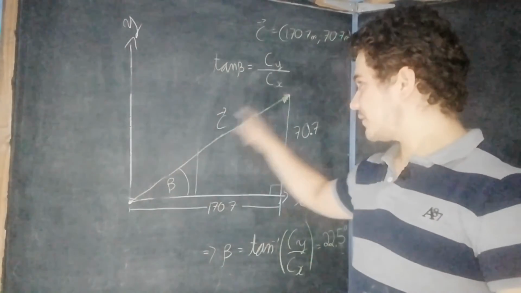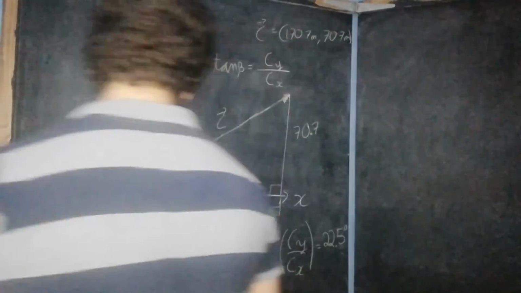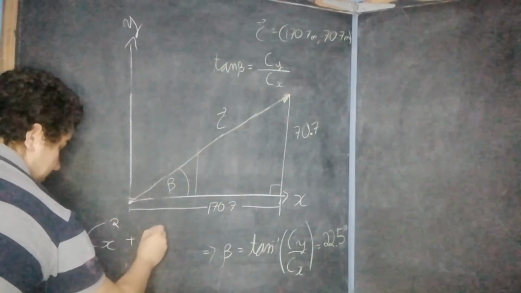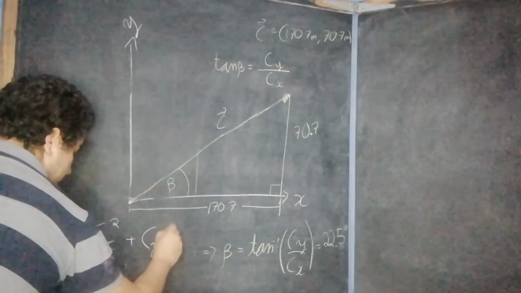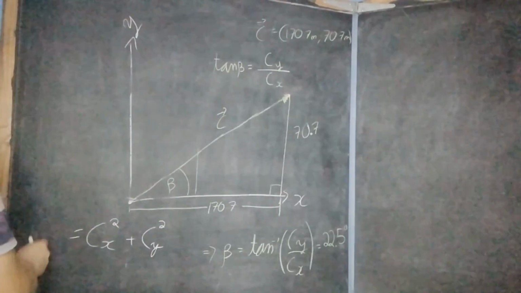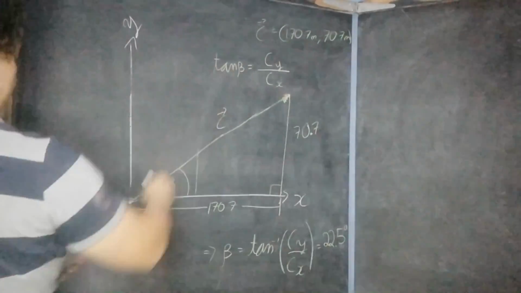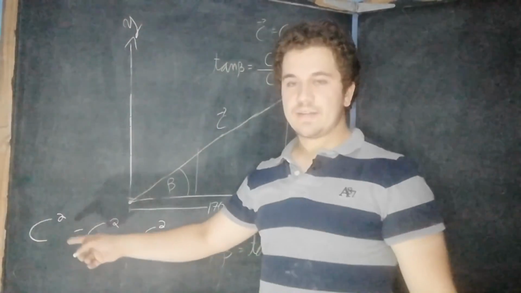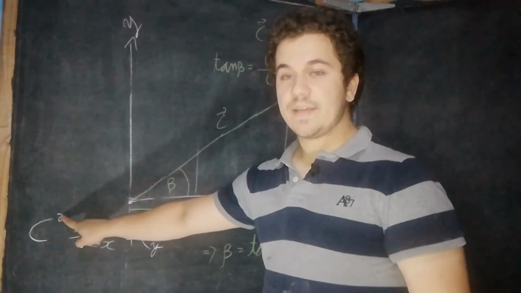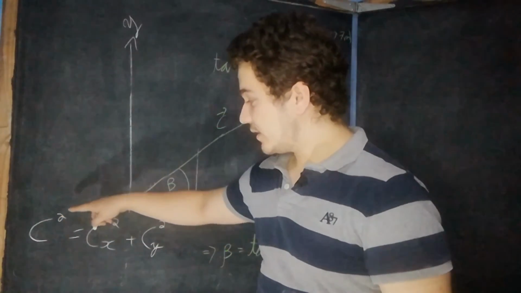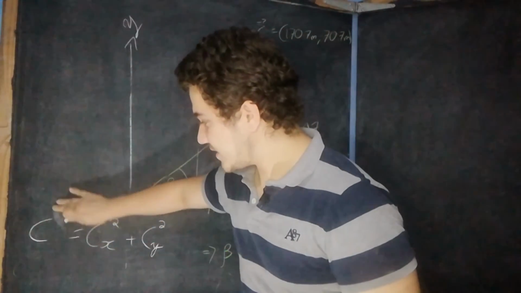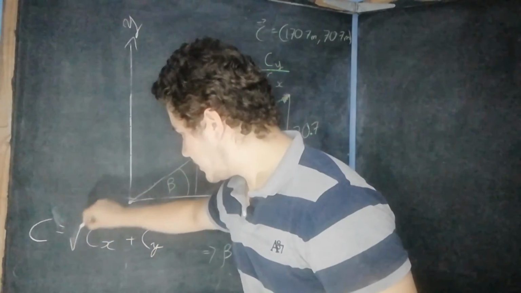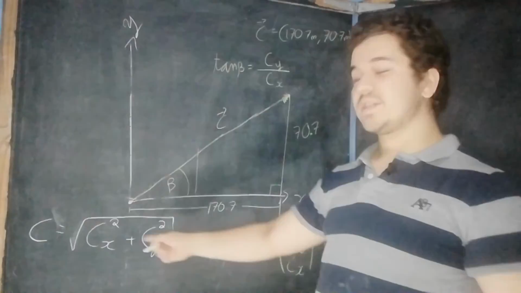To obtain the magnitude of the vector, we can say that C sub x squared plus C sub y squared is equal to the hypotenuse squared, which this time is just C squared. We can solve for C just by applying the root to both sides, and we get that C equals the root of the sum of both components squared.